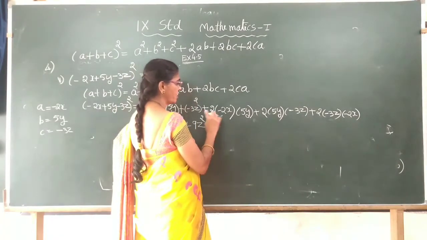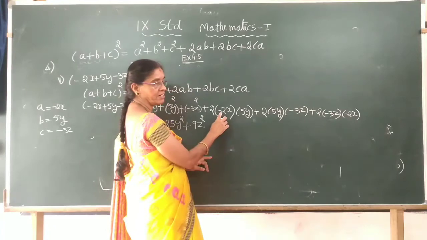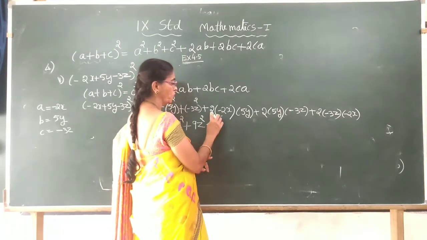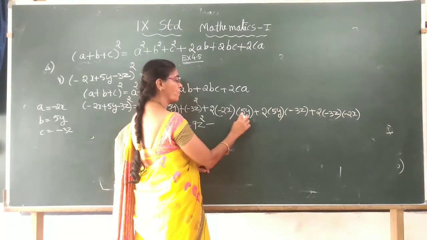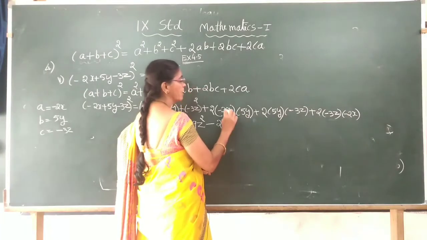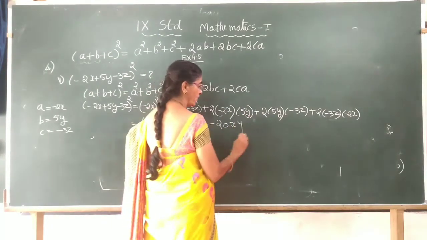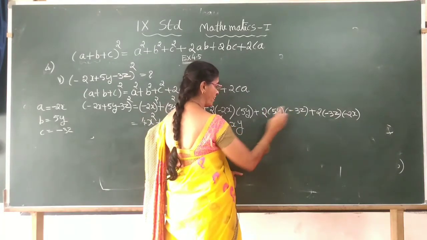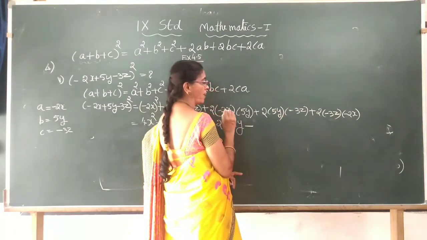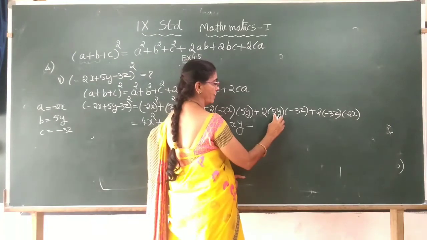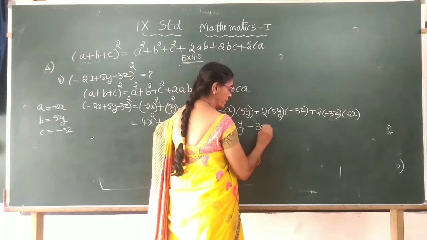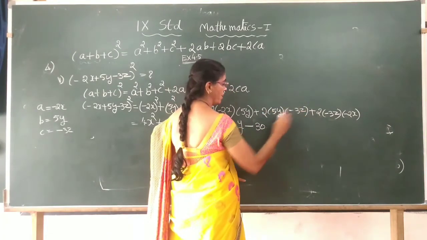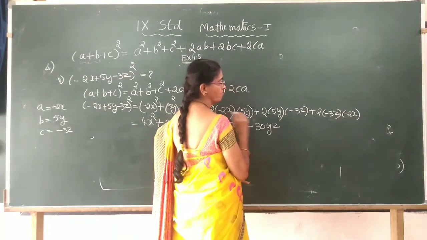Now plus into minus: 2 twos are 4, 4 fives are 20, xy, with a minus, since the signs are different. 2 fives are 10, 10 threes are 30, yz.